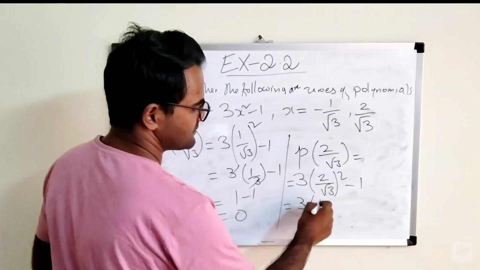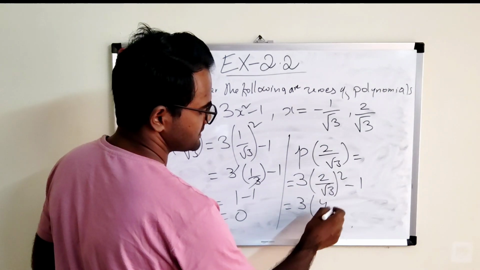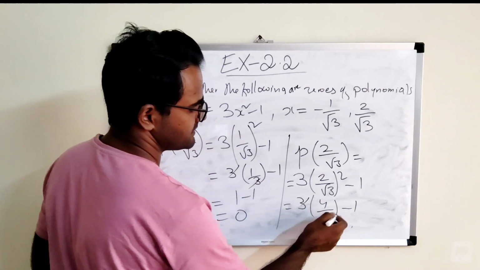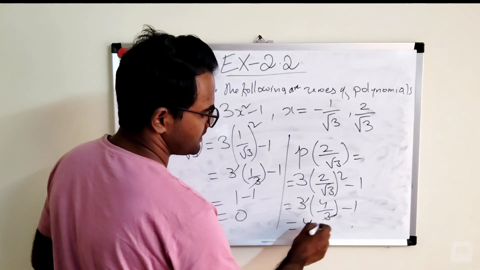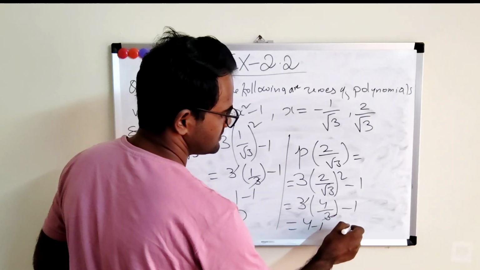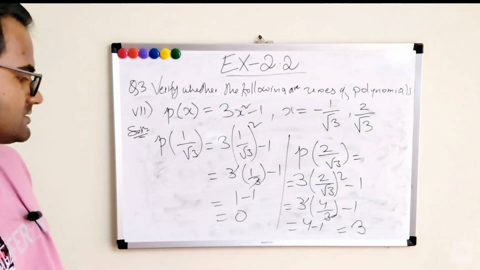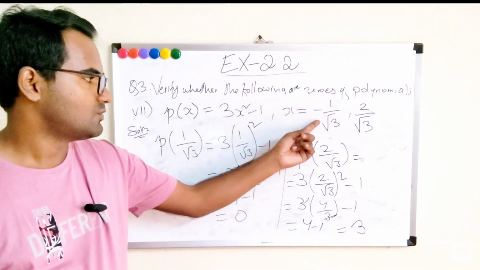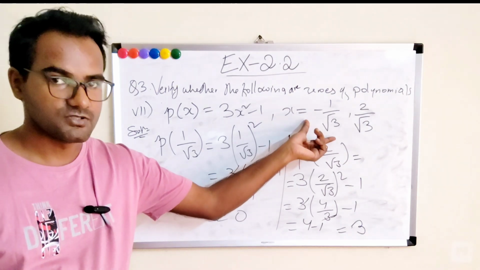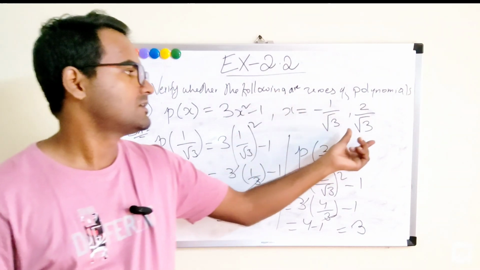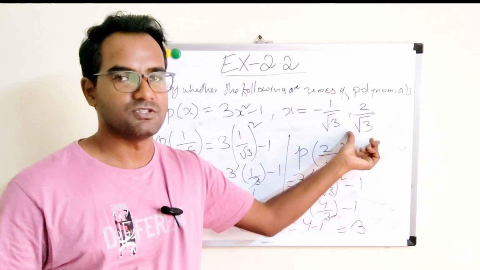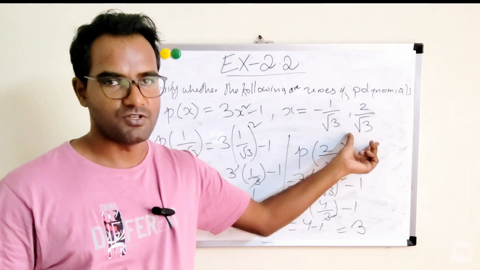Here you get 2 into 2 is 4, root 3 into root 3 is 3, minus 1. Then 3 is gone. So now 4 minus 1 is how much? It is 3, right? So the conclusion is that 1 by root 3 is a zero of the given polynomial, but 2 by root 3 is not a zero of the given polynomial.